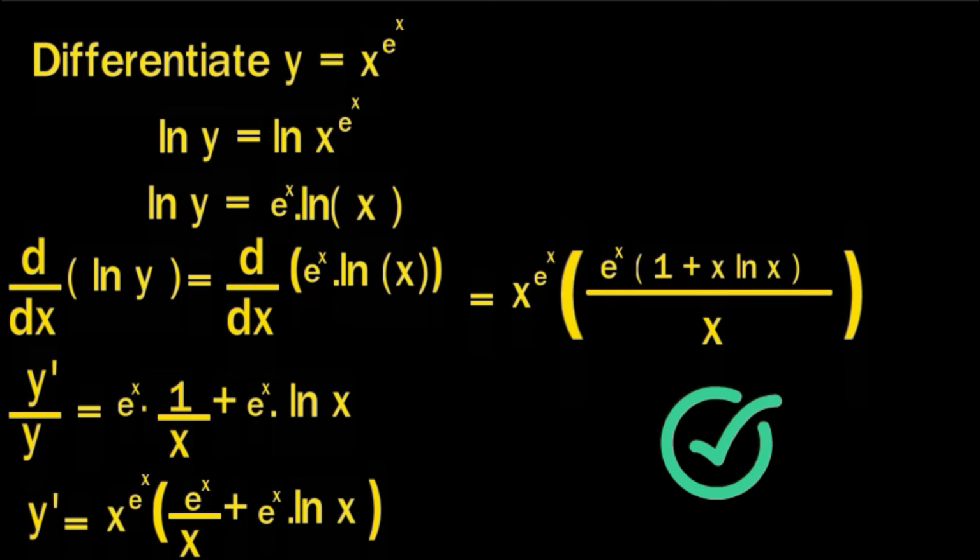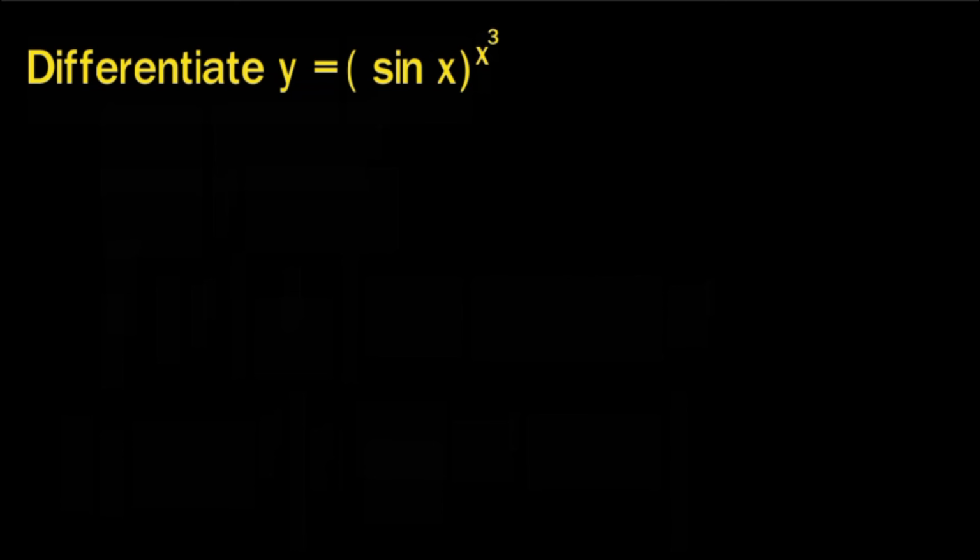Now we can try the last example. Let's say we want to differentiate y equals sine x to the power of x cubed. The thing that we always do is take the ln on both sides, and we move the x cubed to the front.